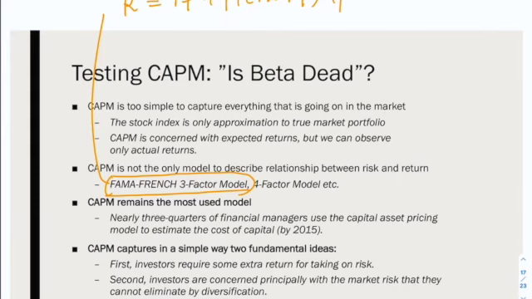The second beta is on size, or small minus big. And the third beta is on book to market, or value minus growth, or high minus low. Okay, and this is just for your knowledge. It's not going to be tested. And there are four-factor models if you add momentum. Okay, beta 4 is momentum.